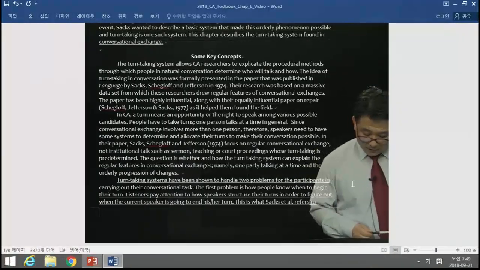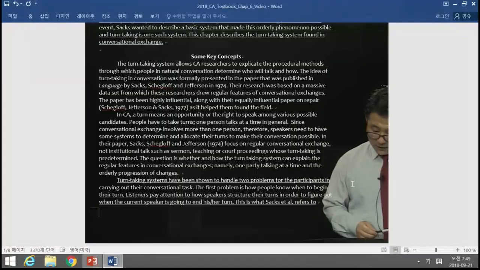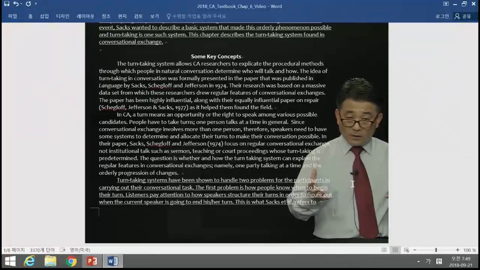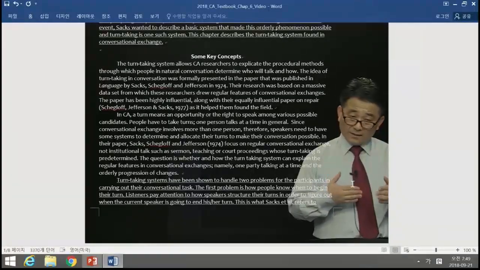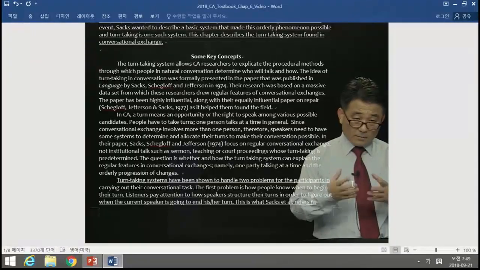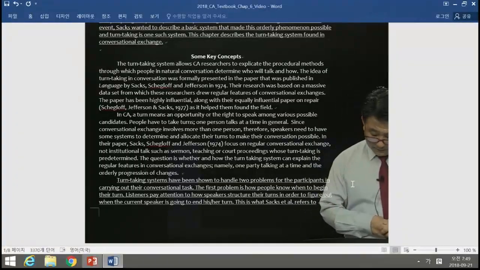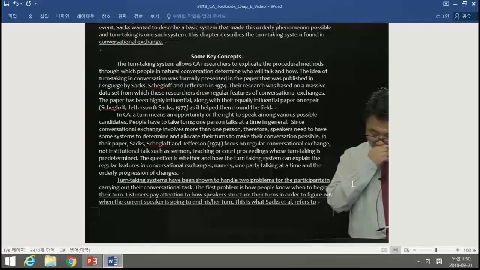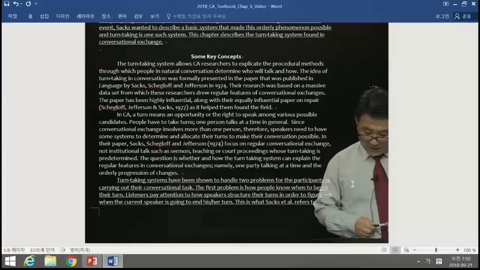The first problem is how people know when to begin their turn. Unless they know how to begin, turn-taking can't happen, because otherwise there are going to be a lot of problems.